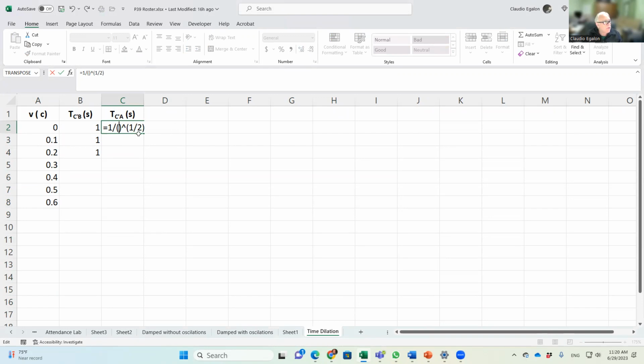Which is the square root of 1 minus v squared over, let's see how I'm gonna do that. Yeah, I don't need to divide by c squared, okay? Because the speed is being given in terms of c. So the c that's upstairs cancels out with the c that's downstairs, okay?